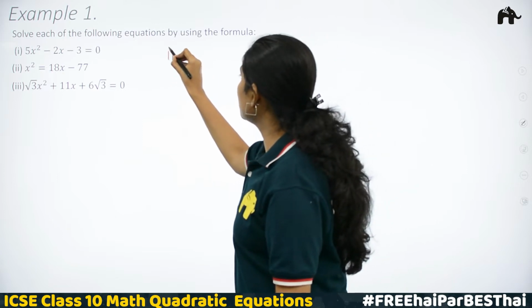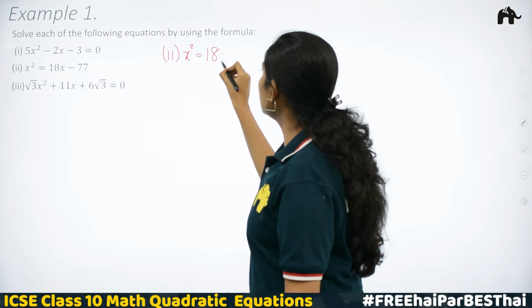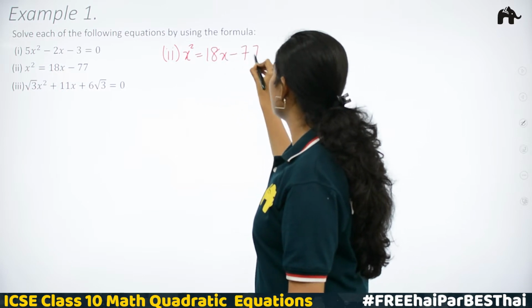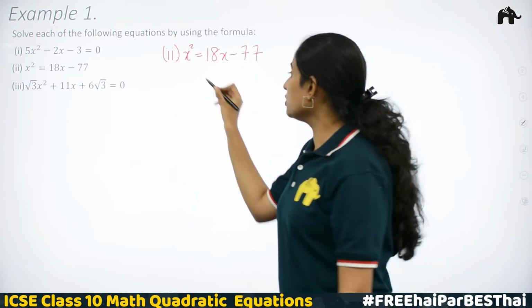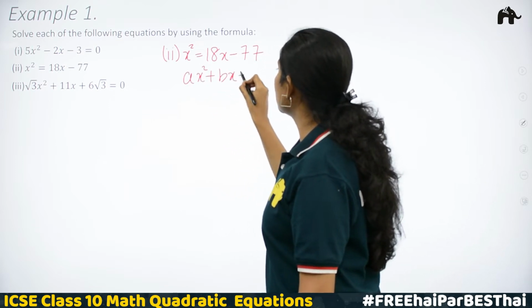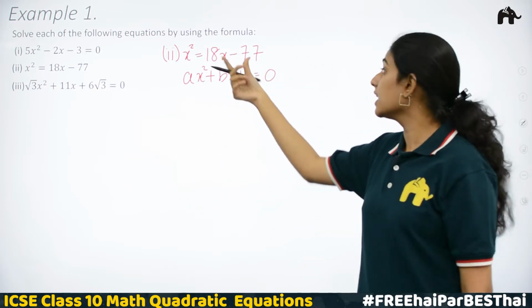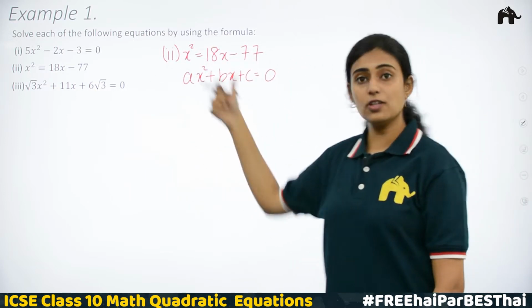The second equation is x square is equal to 18x minus 77. First we have to write it in the form ax square plus bx plus c is equal to 0. For this I have to shift the terms on the RHS to LHS.